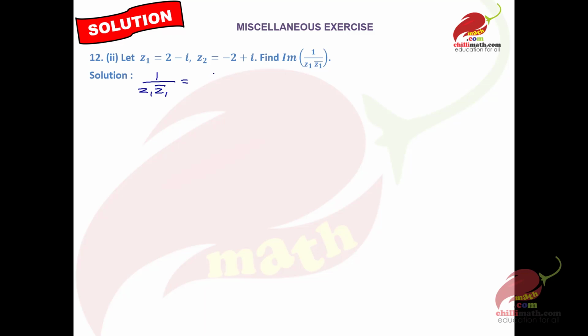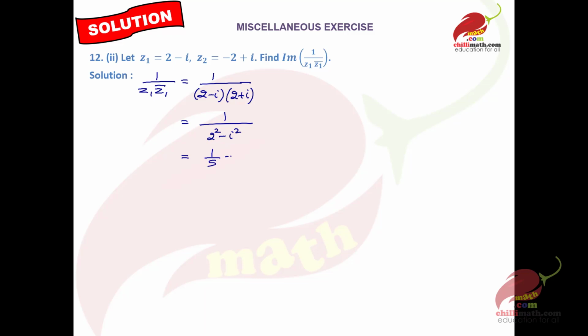This is equal to 1 over 2 minus iota into its conjugate, changing iota to minus iota, that is 2 plus iota. Multiplying this, this is a minus b, this is a plus b, so this is a square minus b square, which is equal to 1 over 4 minus of minus 1 plus 1, that is 1 upon 5.